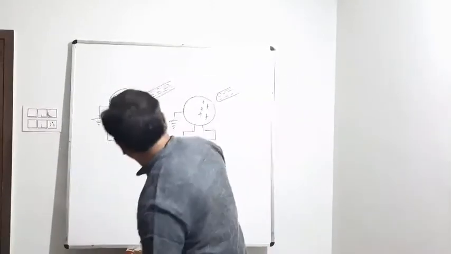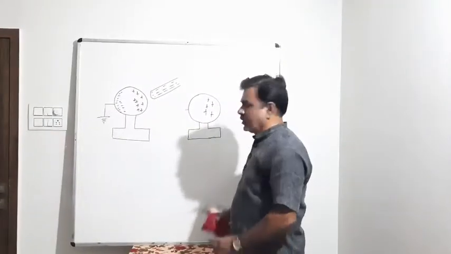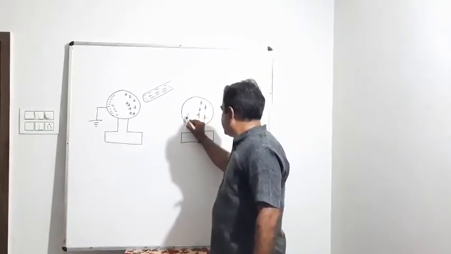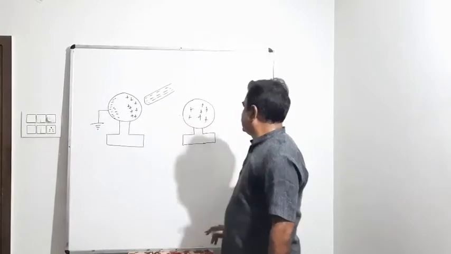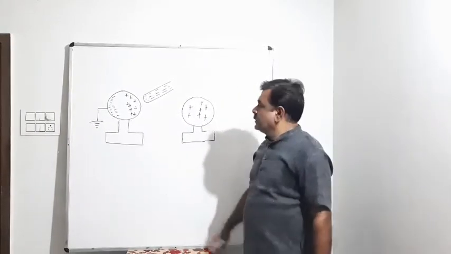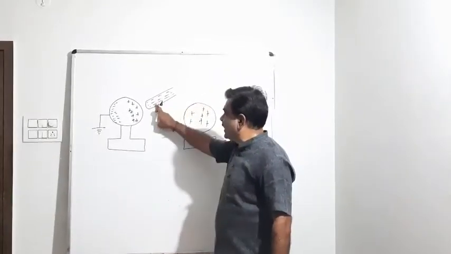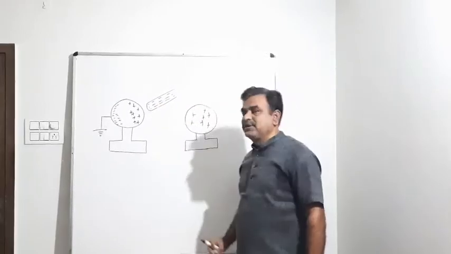Now I am removing the earthing as well as the negatively charged rod. Whatever charge is available on the sphere will be equally distributed, so the sphere appears positively charged. So without any physical contact with the charged body, we have established positive charge on the sphere.